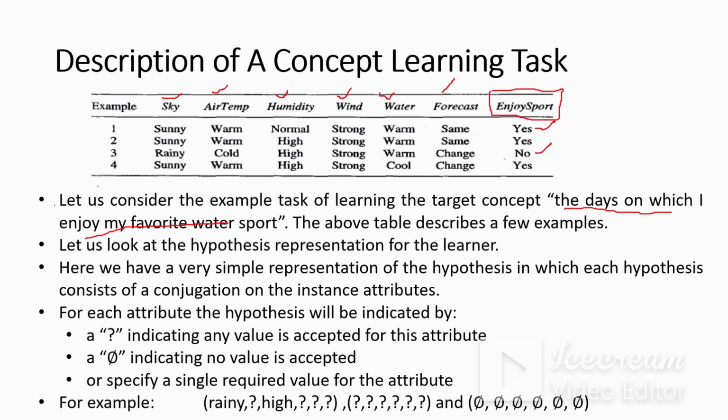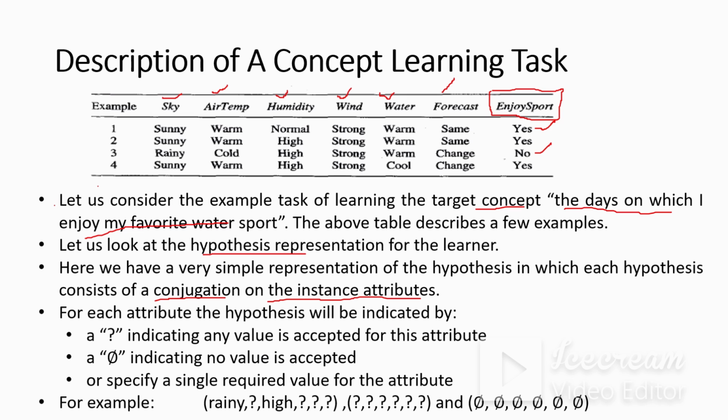What we are trying to do here is hypothesize this target concept. In order to hypothesize this target concept, we need a representation for the hypothesis. Here, let us take a very simple representation of the hypothesis, which is going to be a conjunctive hypothesis, and it is nothing but a conjunction of the given 6 instance attributes.